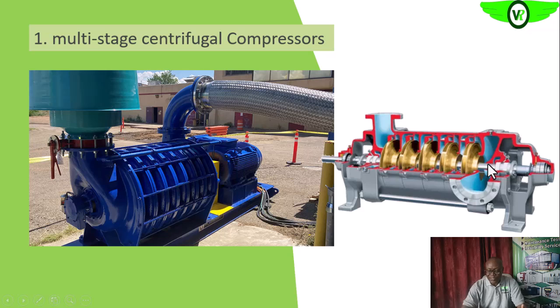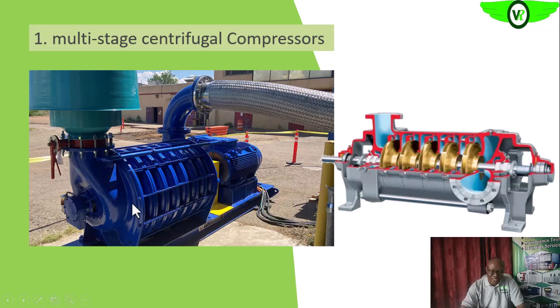As it is taken from the atmosphere or from your source, it is accelerated, compressed, the pressure increased, and then that is sent to the second stage, to the third, the fourth, and the fifth. Are we getting it? So at the end of the day, you have a highly compressed gas, which will be many, many times higher in pressure than what came in.